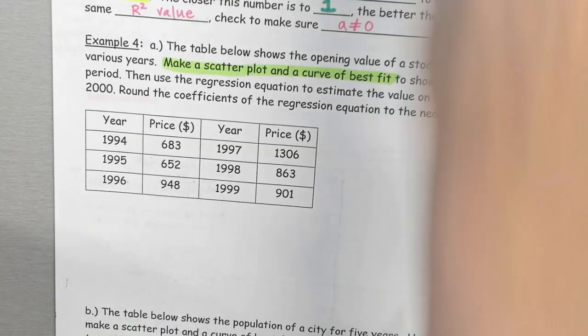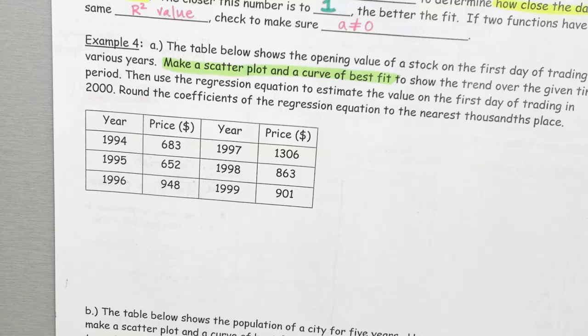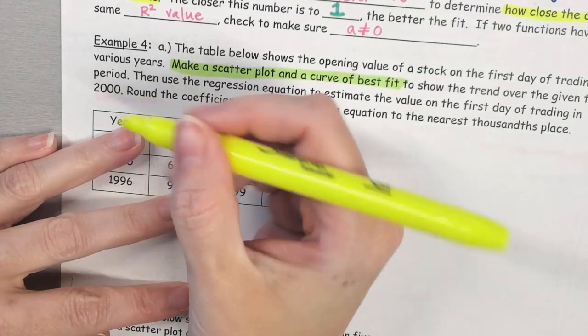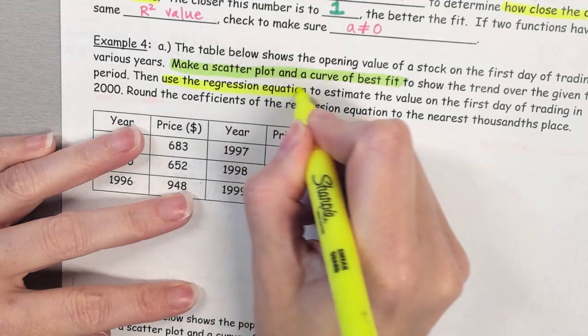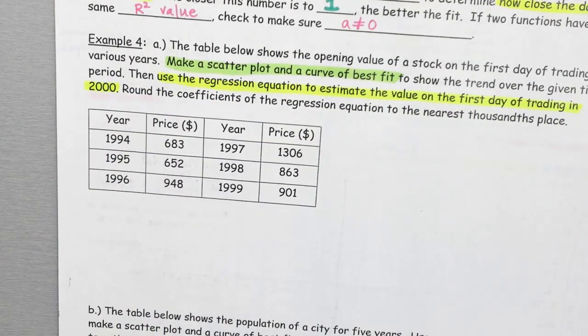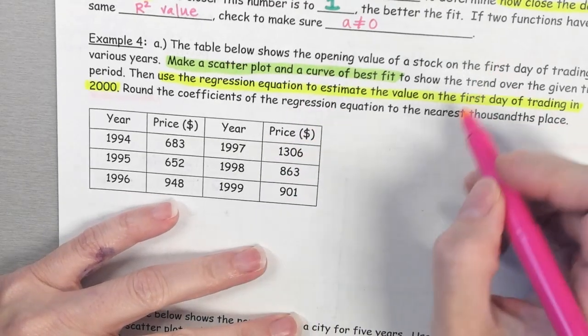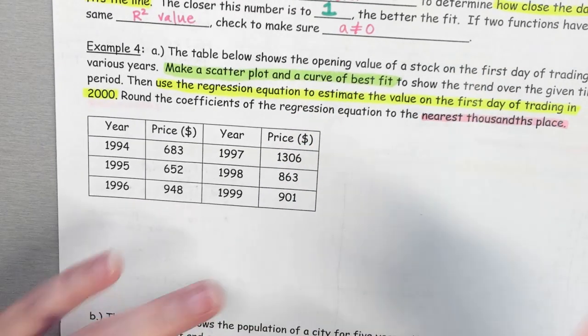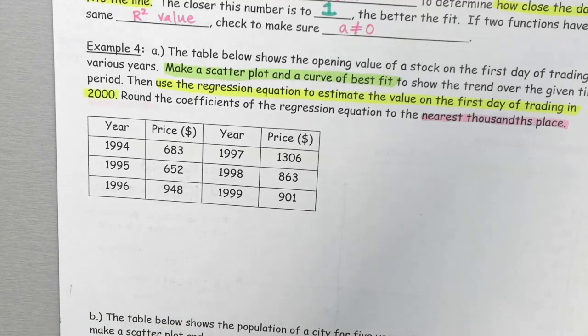And then we are going to use the regression equation to estimate the value on the first day of trading in the year 2000. And just like we did before, we are going to be rounding coefficients of your regression equation to the nearest thousandth place. So we're going to keep that consistent there.